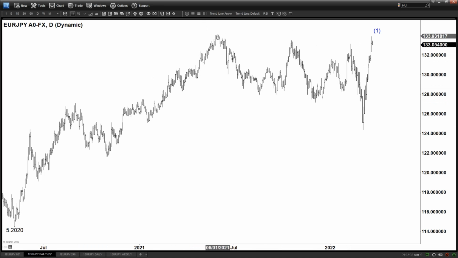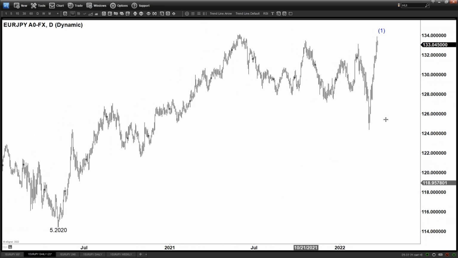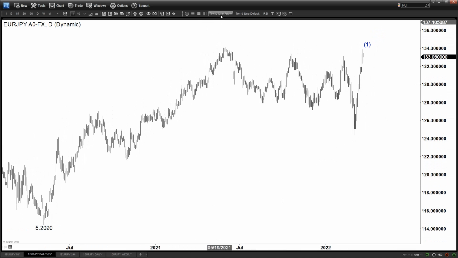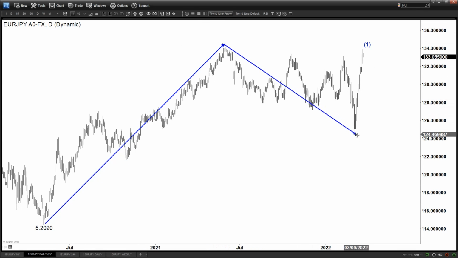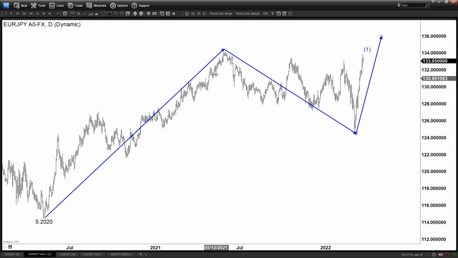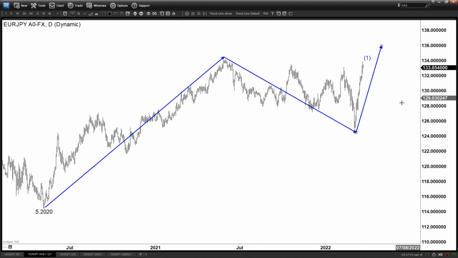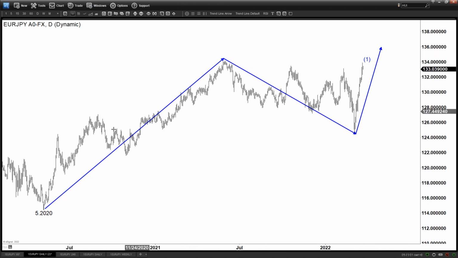And if it breaks above here, what's the implication? Well, the implication is you start a new major bullish cycle, because you got this 1 year rally from May 2020 to June 2021, and then you got an almost 1 year sideways correction, and now it's starting a major bullish rally again that will break above the previous peak.